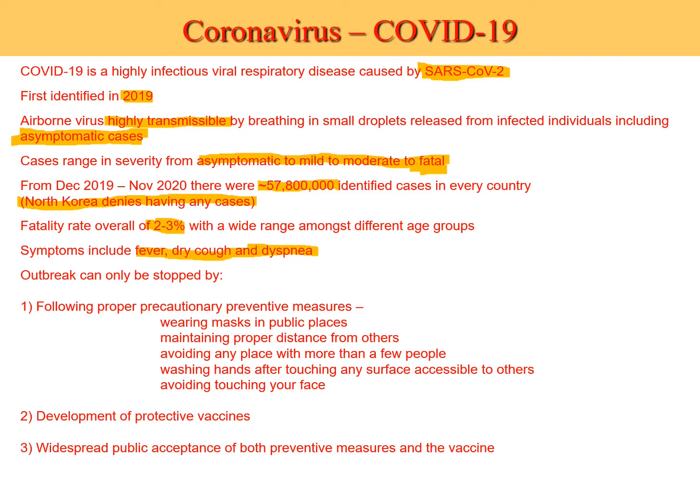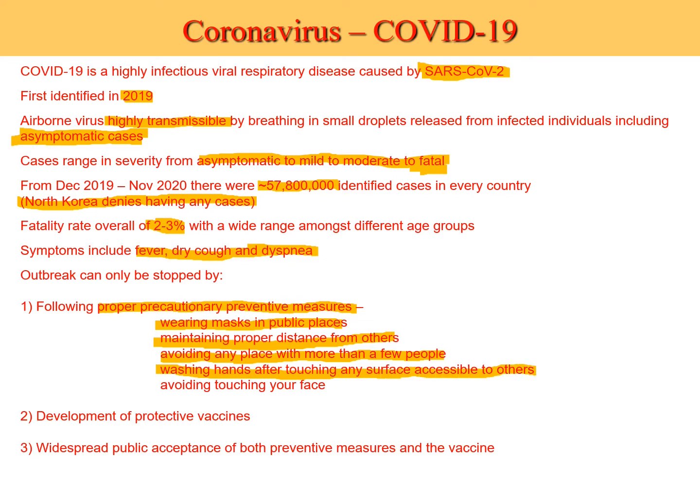One is proper preventive measures, which includes wearing masks in all public places, maintaining a proper distance, 2 meters or more, avoiding any place where there are more than just a small number of people, especially in a confined space, in a room, in an elevator, etc. Washing hands after having touched any surface that was accessible to others.